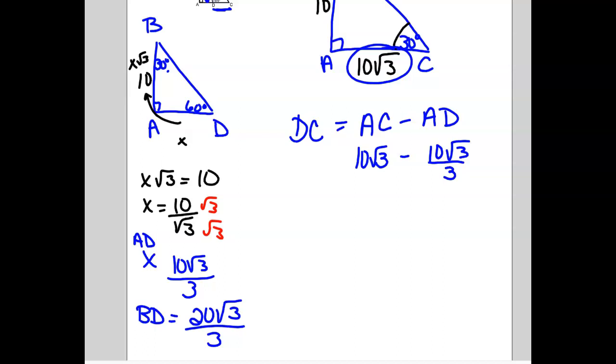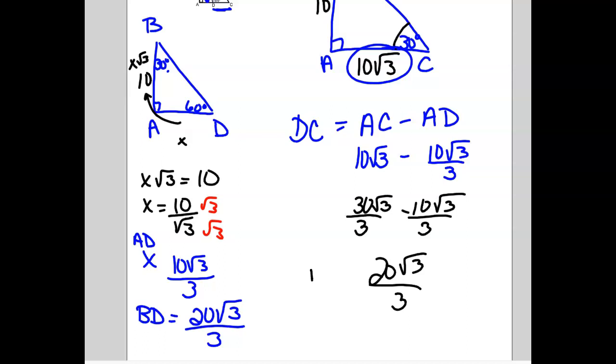We can get common denominators here. Think of this 10 root 3 as 30 thirds times root 3, minus 10 thirds of a root 3, which would give us 20 root 3 over 3 for side DC. All right, now I think we found all of the sides and angles.